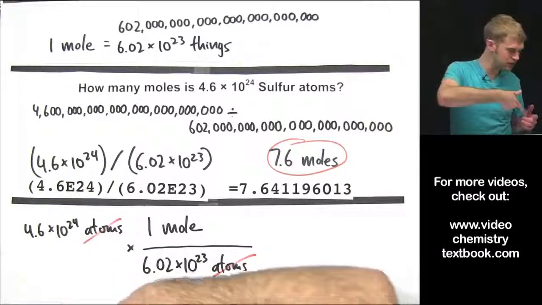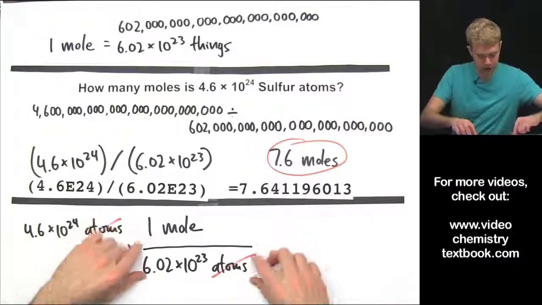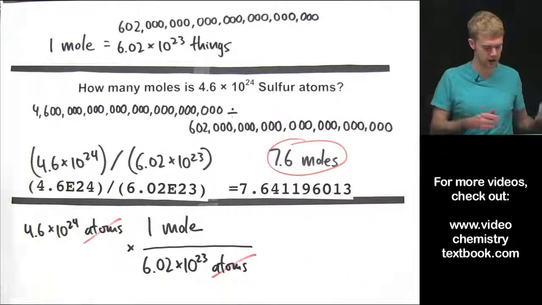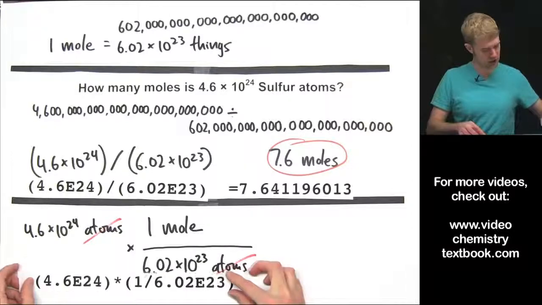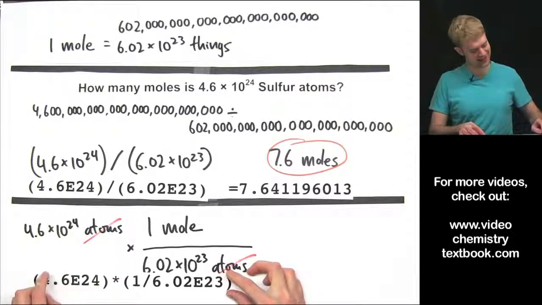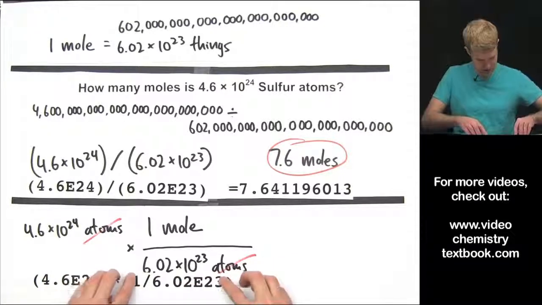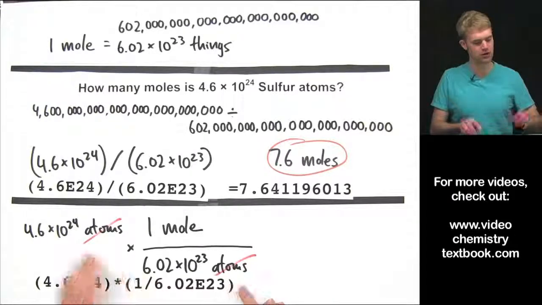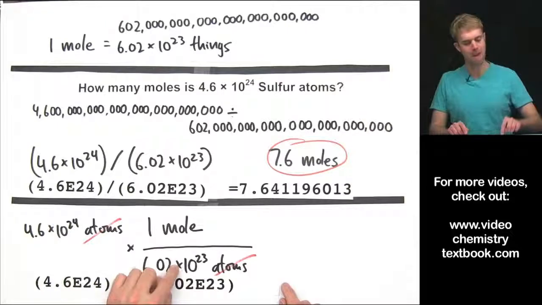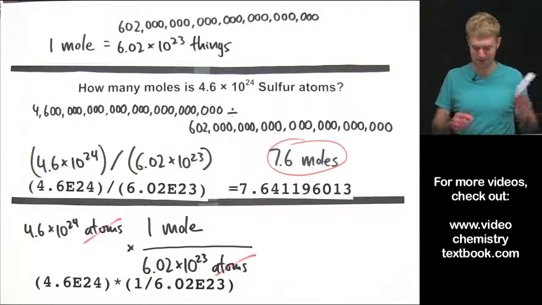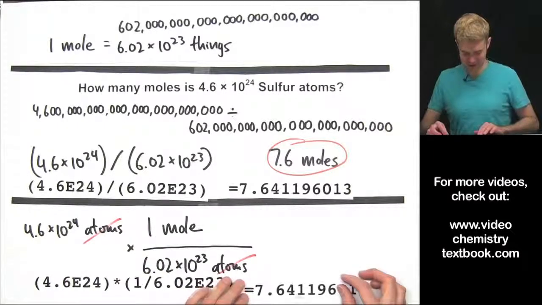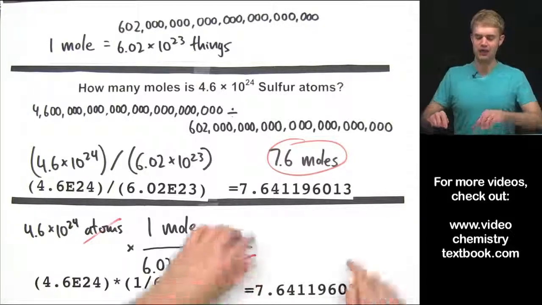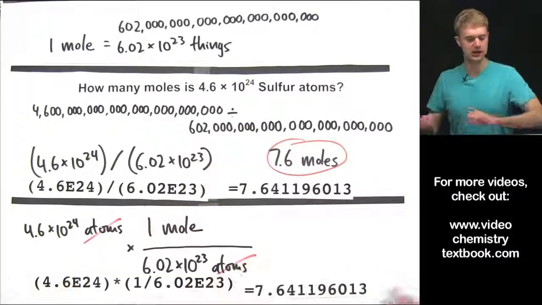But just as we did previously, if you would prefer to put this as a big fraction into the calculator, that's totally cool too. It's going to look like this: 4.6 E24 times this whole fraction, 1 divided by 6.02 times 10 to the 23rd. But all you're doing is just dividing this by this, because this 1 doesn't really matter. We're going to get the same number here, which rounds to 7.6 moles.